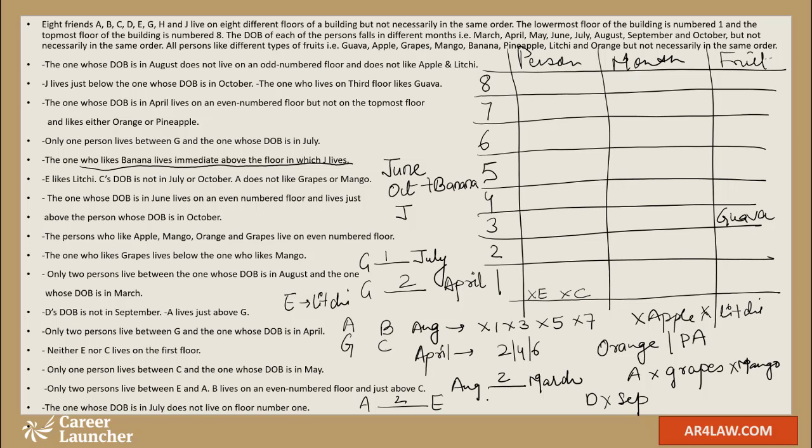And C, one floor gap with May. And the one whose date of birth is in July does not live on floor number 1. Okay, so there's so much data here. Let's see how we can place now.